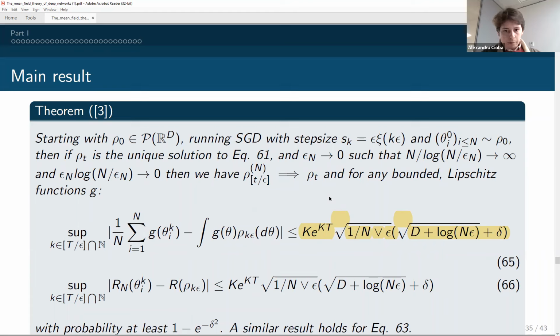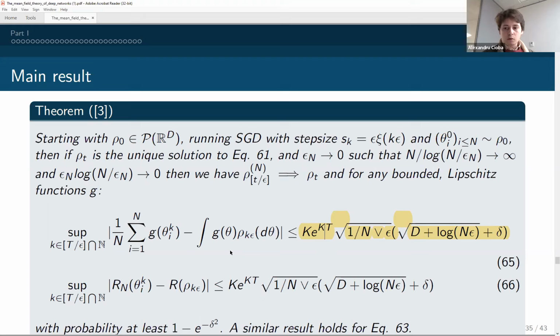This is maybe interesting. There are various other papers that give similar results in slightly different settings, but I don't know of any mean field result that doesn't have an exponential dependence on t here. And there may even be some a priori lower bounds that say that this cannot be avoided for arbitrary data distributions.